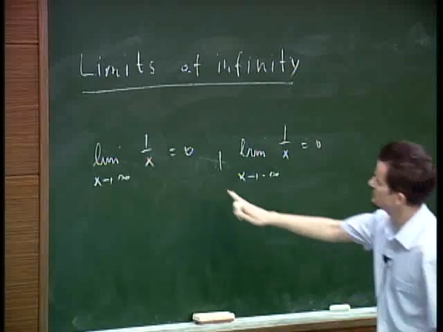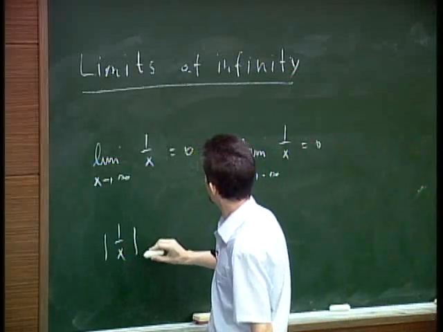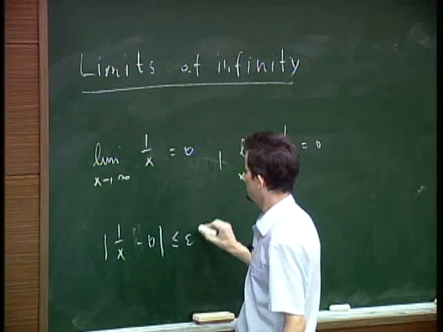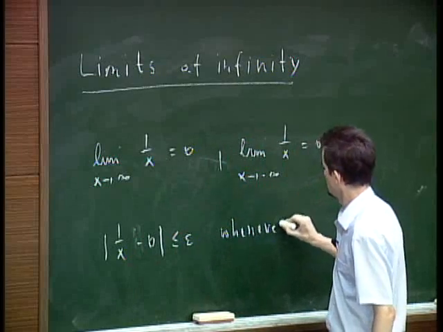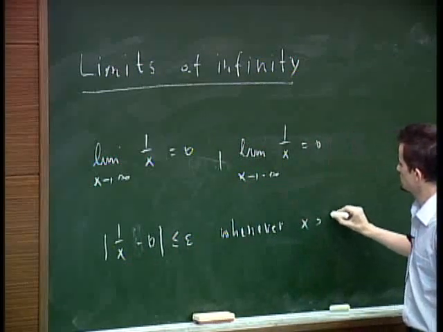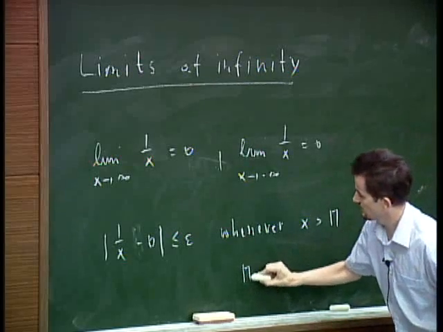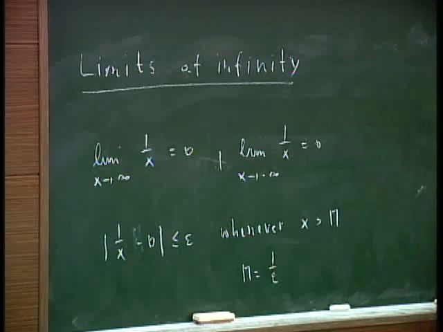So what you have to do here is make the distance between 1 over x and 0 smaller or equal than epsilon whenever x is large. Now from this you already see that the choice m is equal to 1 over epsilon will do it. Okay, so in this case it's very easy.